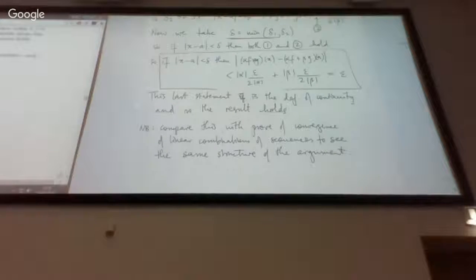You'll see lots of arguments in lots of different contexts, but you should always be alive and aware and looking for similarities. Okay? There are many places where an argument to prove a property in one situation is more or less following the same lines of an argument in maybe slightly different contexts.